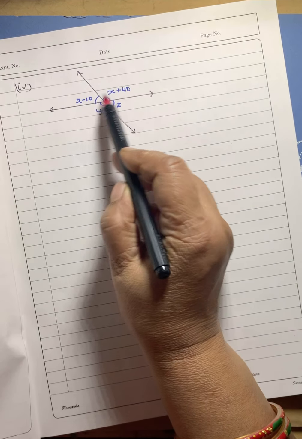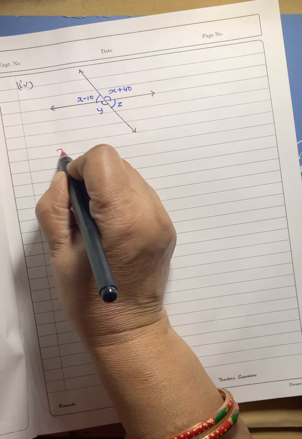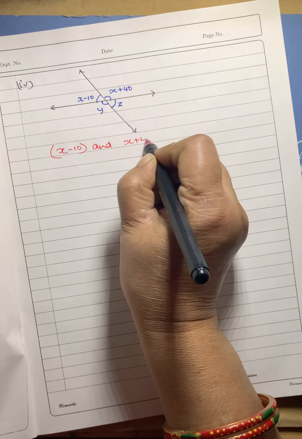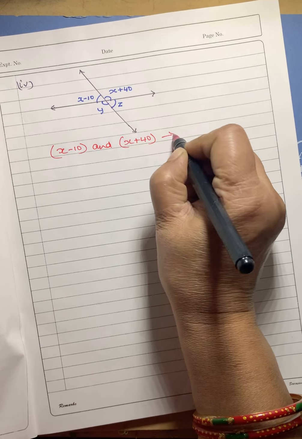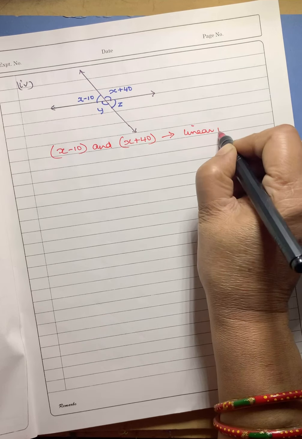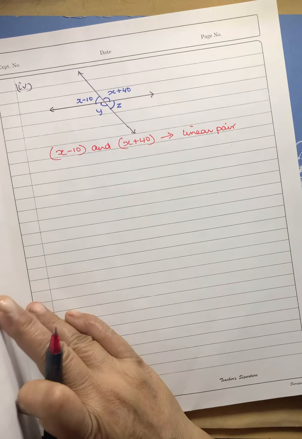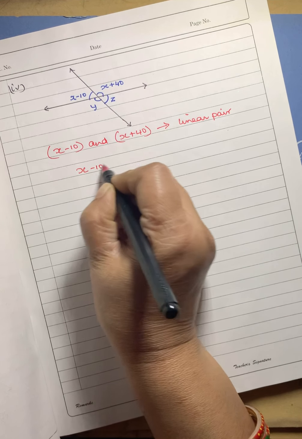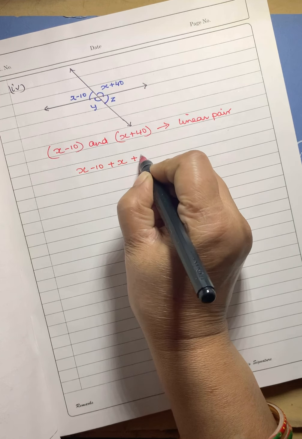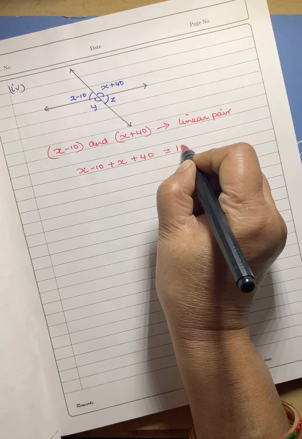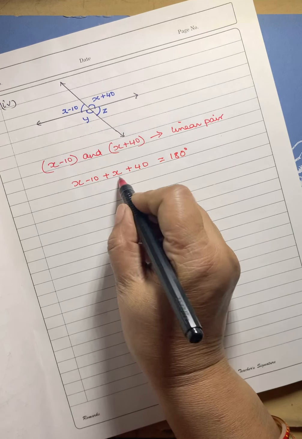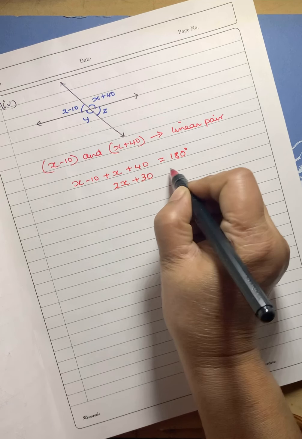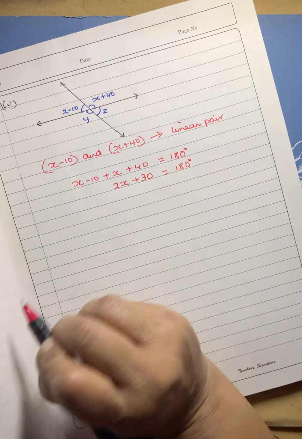Again, we are going to take a linear pair. x minus 10 and x plus 40 are a linear pair. Since the variables are the same, we can use that. Now, what do we know about linear pairs? If you add them, it will be equal to 180 degrees. x plus x is 2x. 40 minus 10 is 30, is equal to 180 degrees.